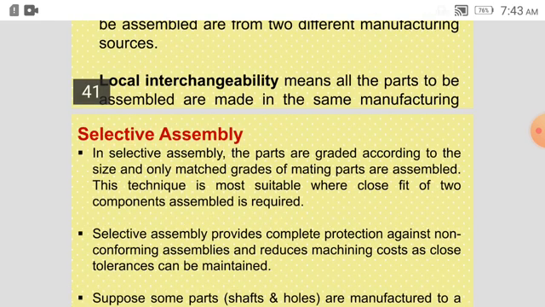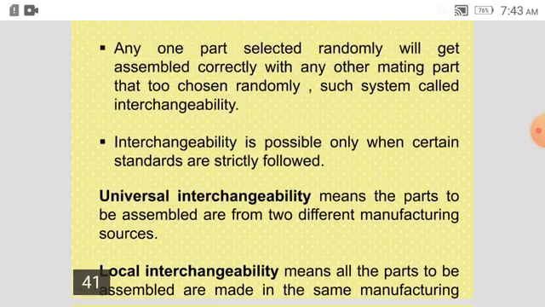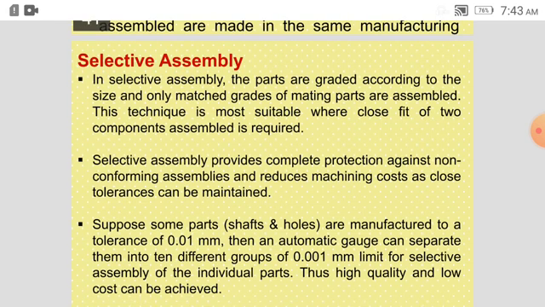Then next is selective assembly. This is what interchangeability is. There can be a separate question, what is the concept of interchangeability. Second is selective assembly. In selective assembly, we have to select or sort out the parts.